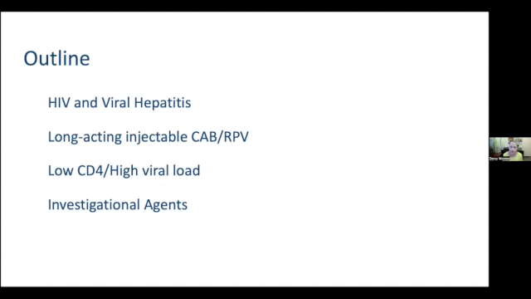I'll go over some efficacy data on patients that aren't typically included in clinical trials for antiretroviral therapy, like those with low CD4 cell counts or high viral loads, and then give brief updates on one investigational agent. This is going to be a whirlwind, covering a lot of different topics. We won't go into anything too in depth, but I'll give a broad brushstrokes overview of some of these hot topics. For each of the topics or abstracts, I'll try to give some takeaways about how I'm thinking about potentially applying this to my clinical practice.